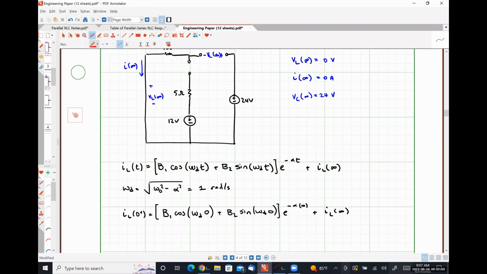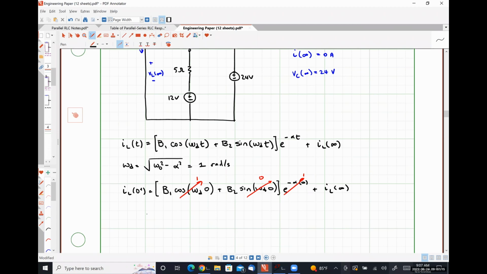So cosine of 0 is 1, sine of 0 is 0, e to the 0 is 1. And what this reduces to then is simply B1 plus IL at infinity.